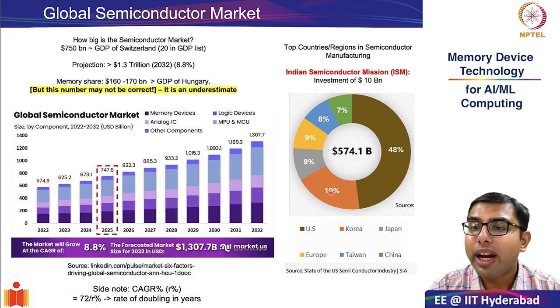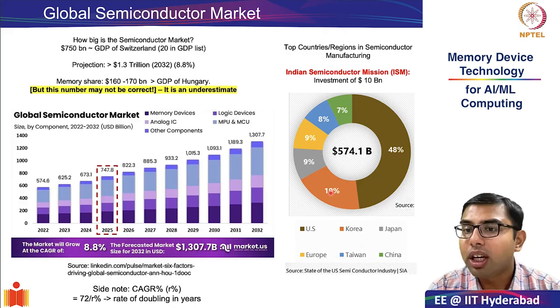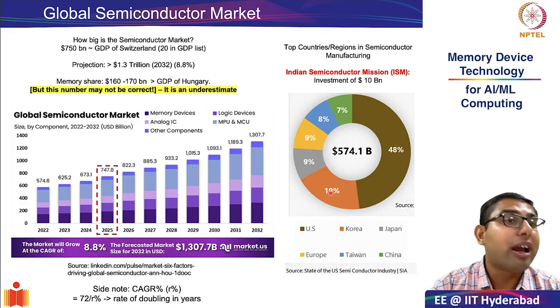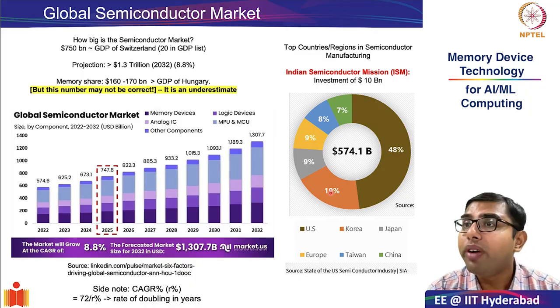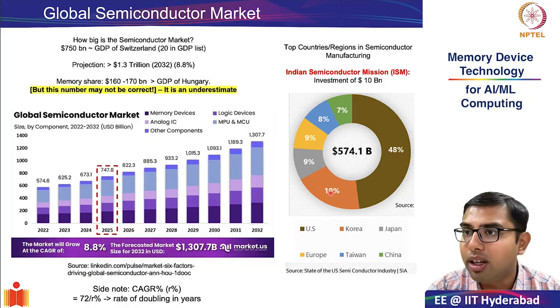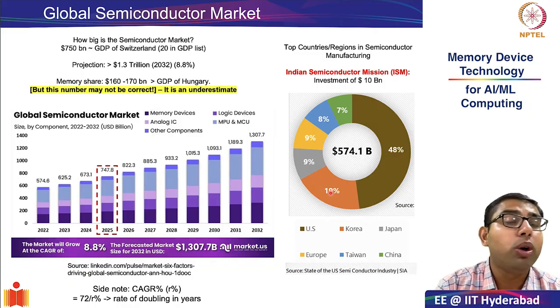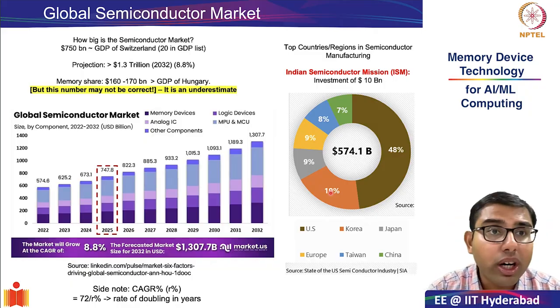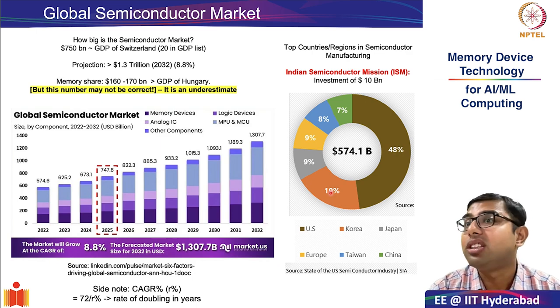Why is the United States such a powerhouse when it comes to semiconductor manufacturing? It has got to do with the fact that most of the large foundries in the world, whether it belongs to Intel, Global Foundries, all are in the United States.